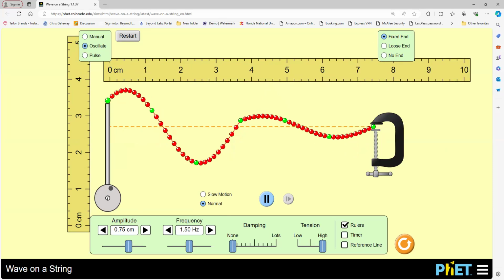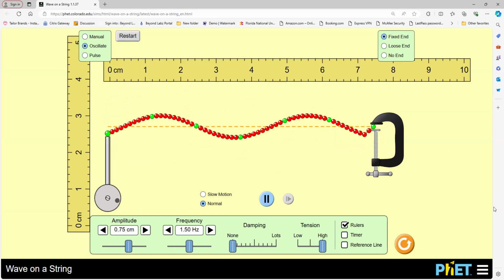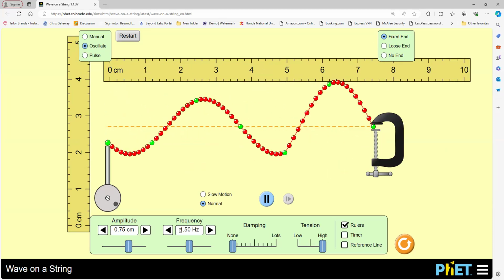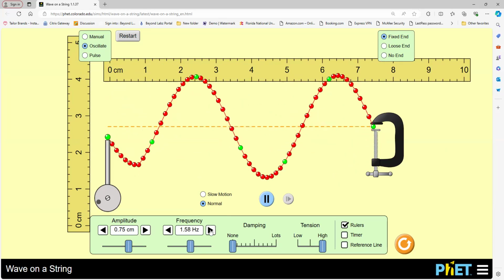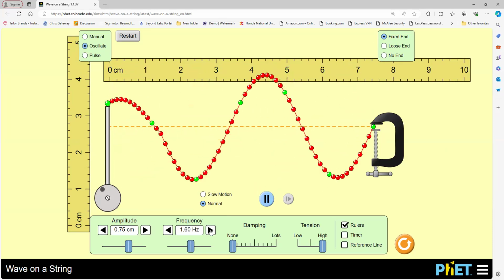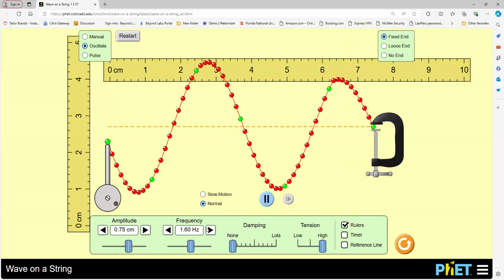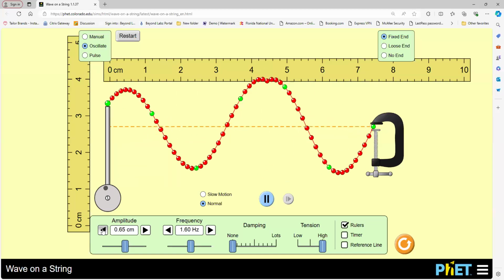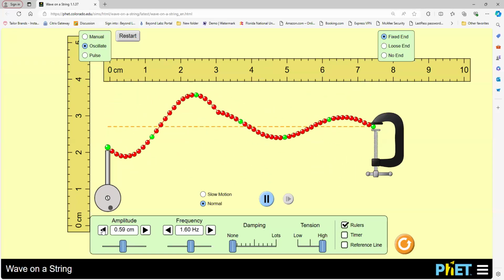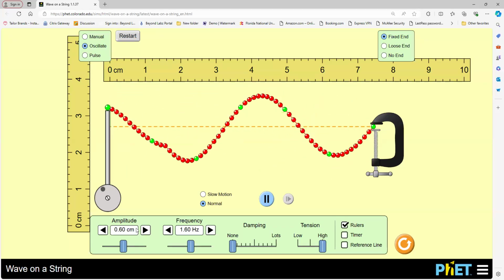So they will ask you in this case to start changing the amplitude for the frequency of 1.60 hertz. And then on this constant frequency, they ask you to start modifying the amplitude and see how this amplitude is affecting the wavelength, right?